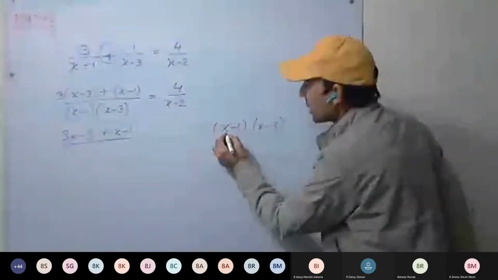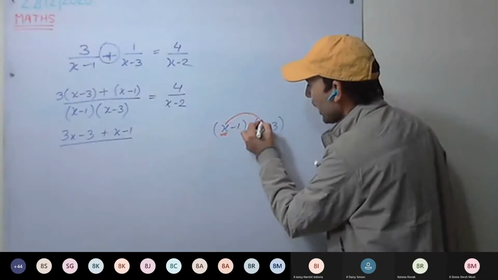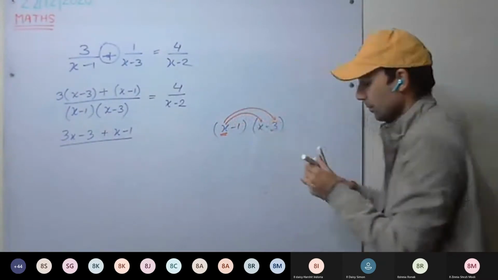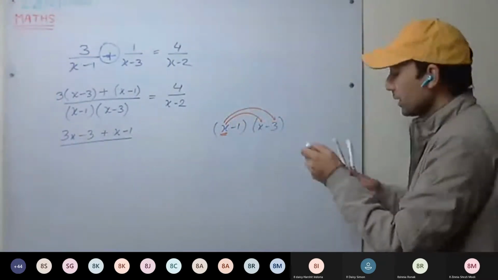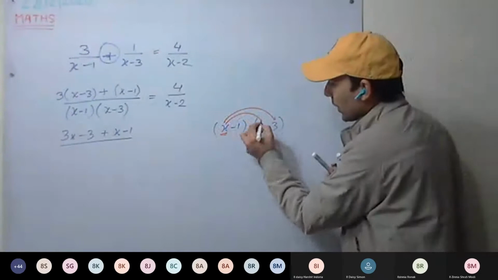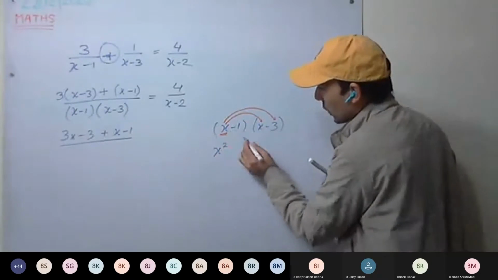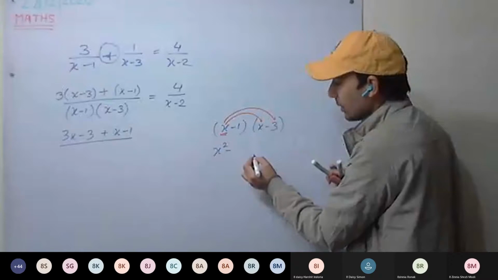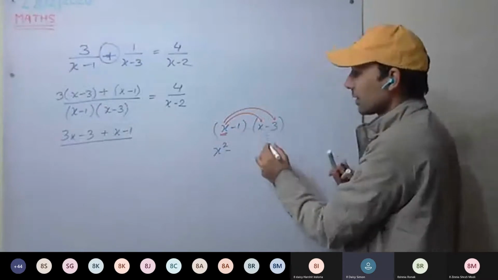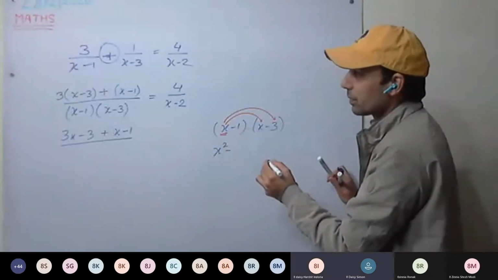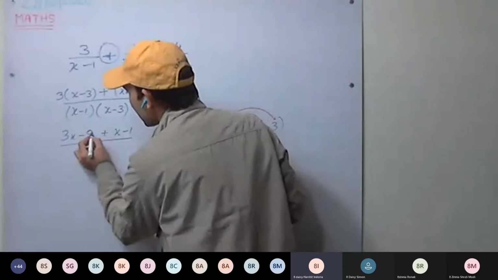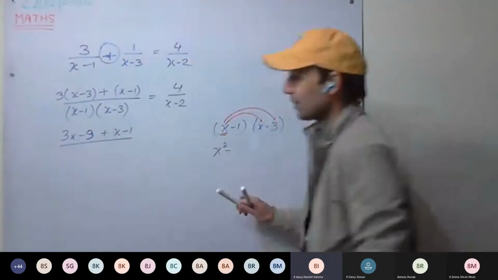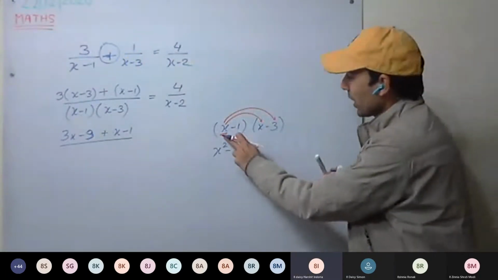First, take x, multiply with x and minus 3. X into x, x square. X into minus 3, minus 3x. Then minus 1 into x minus 3: minus 1 into x is minus x, and minus 1 into minus 3 is plus 3.